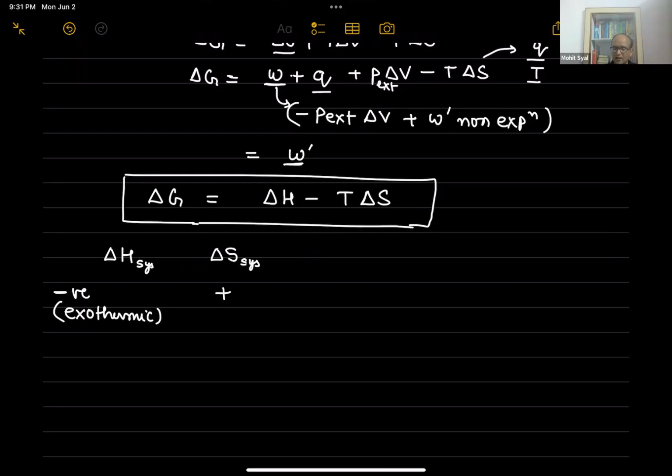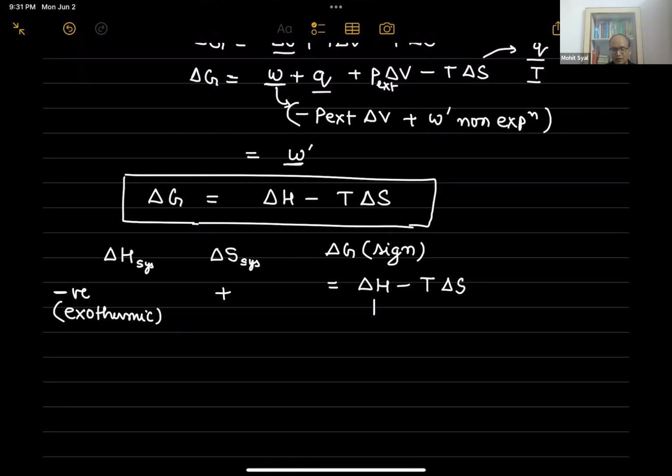What is the sign of delta G for such a reaction? It will be negative. How do you know that? Because entropy is positive, and it will be spontaneous. Delta G is delta H minus T delta S, right?